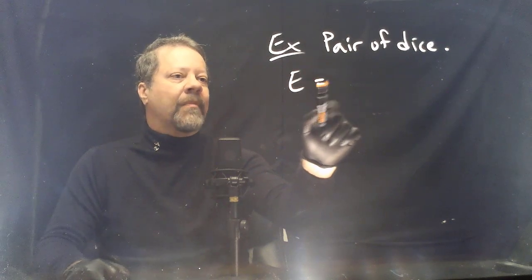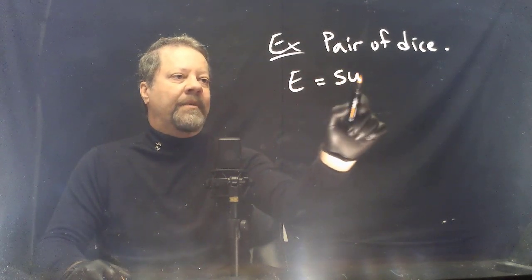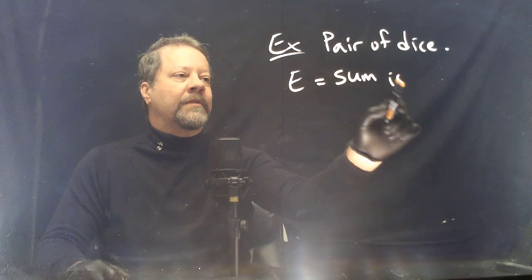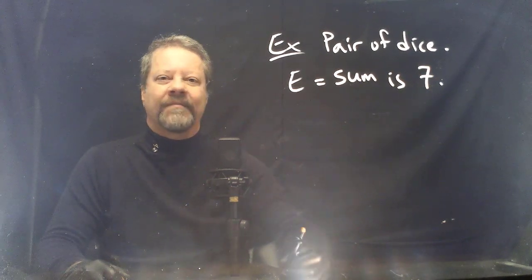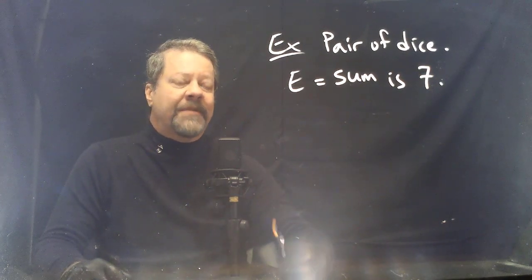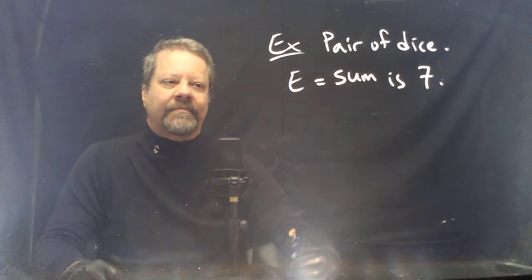In another example, suppose the experiment is that we roll a pair of dice. And the event that we're interested in is the sum of what we roll is 7. What is the probability of rolling a sum of 7 when you roll a pair of dice?